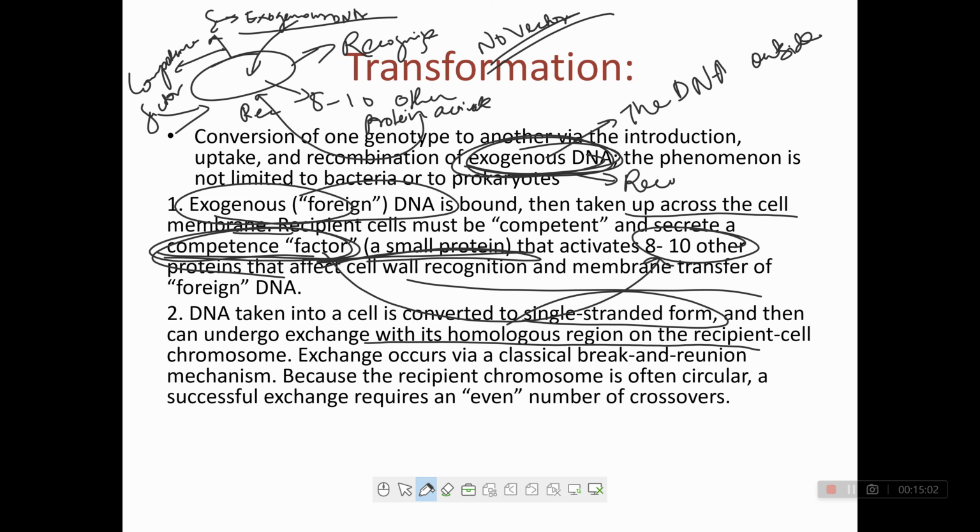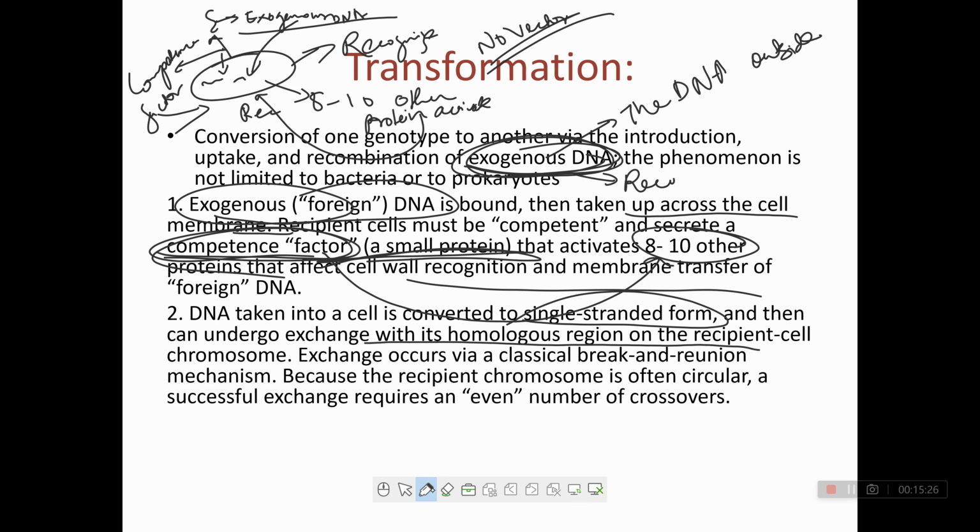Means what they tell? They tell that when the recipient cell takes the exogenous DNA inside it, this exogenous DNA is converted into single-stranded form, right?